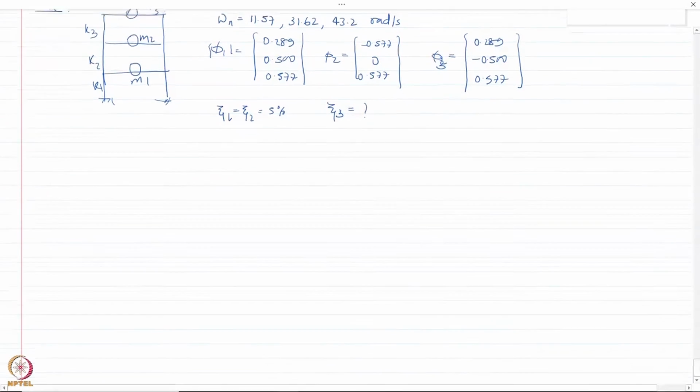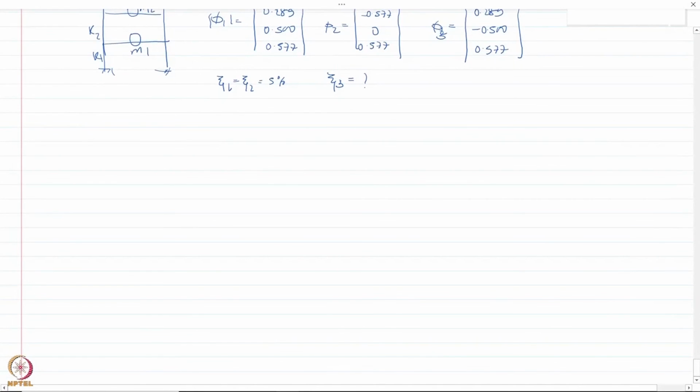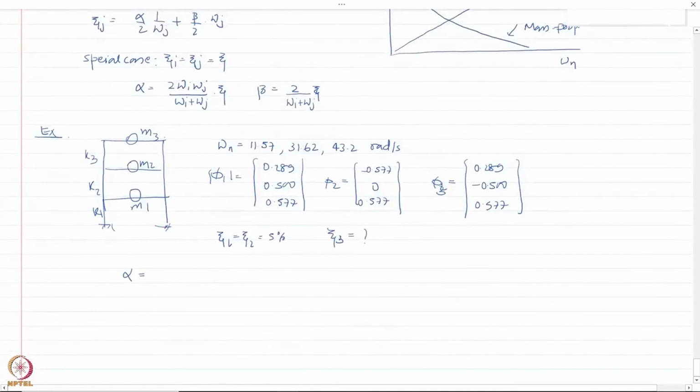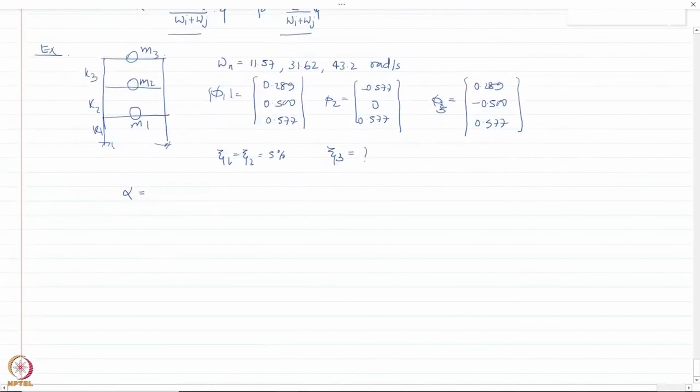All right, let us discuss the solution to this problem. We can find out our alpha. Remember, the damping values are the same, so we can just use these expressions here to find out alpha and beta.